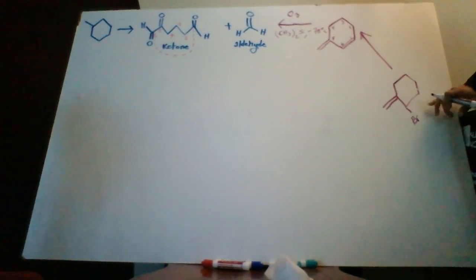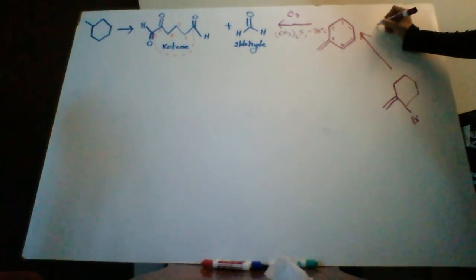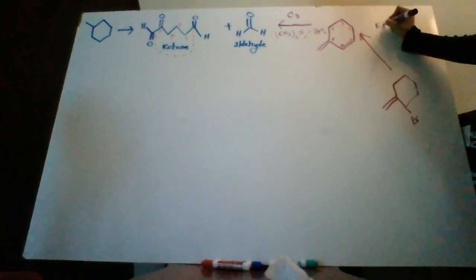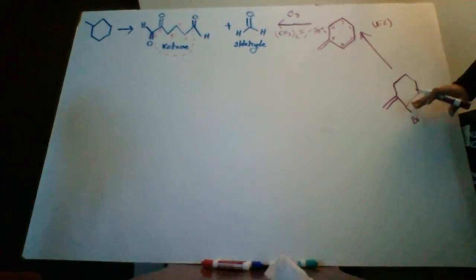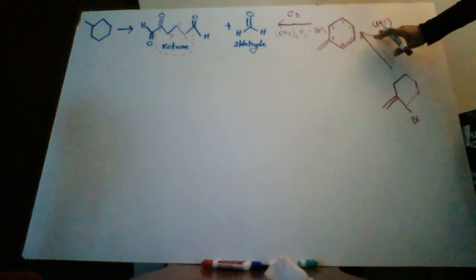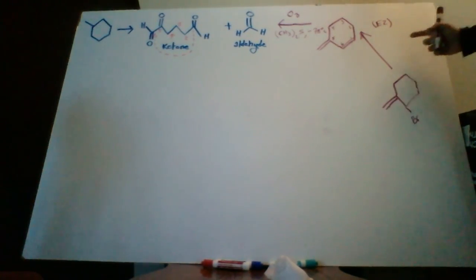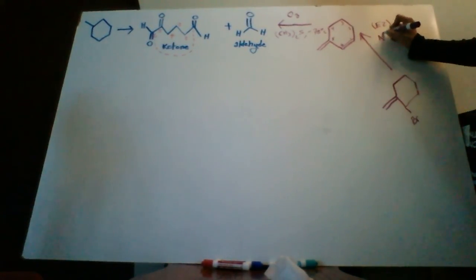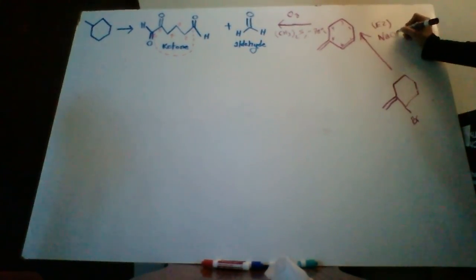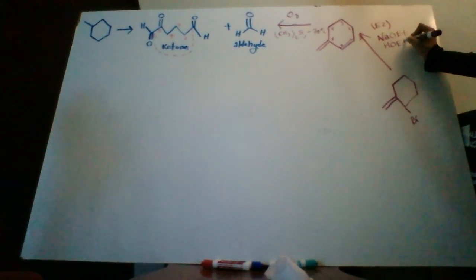So how do I come from a halogen in this position and form this double bond? Well, I can do an elimination. Just to make sure that we avoid carbocation rearrangements, even though we wouldn't really see any here, I'm going to do an E2 elimination. So I'm going to use a strong base in this case, sodium ethoxide, let's say, with ethanol.